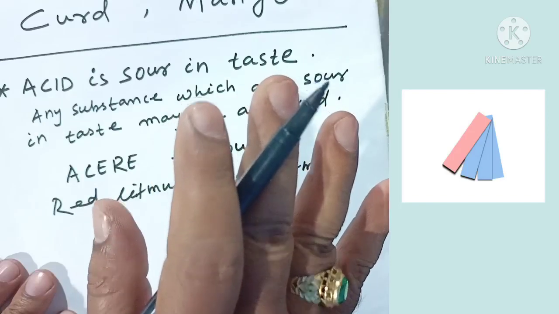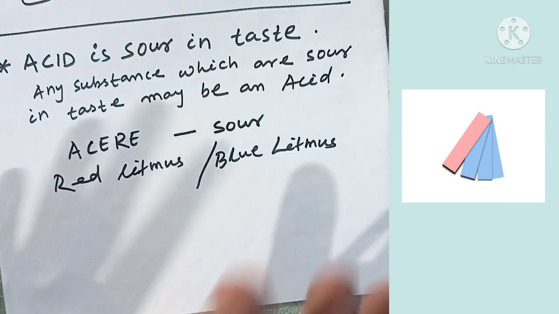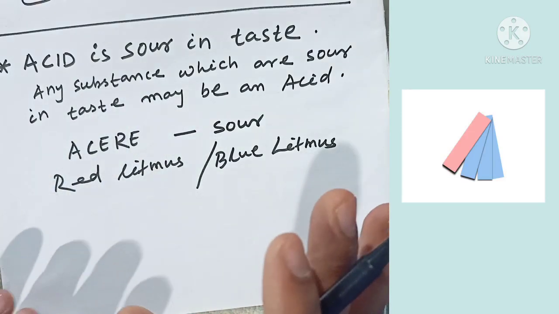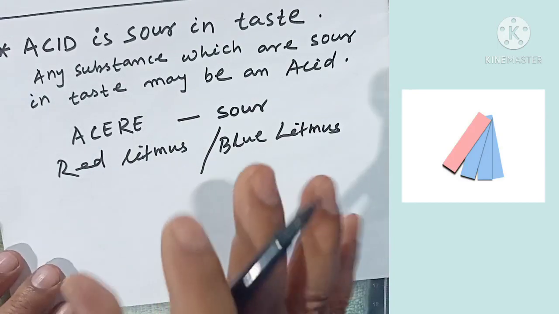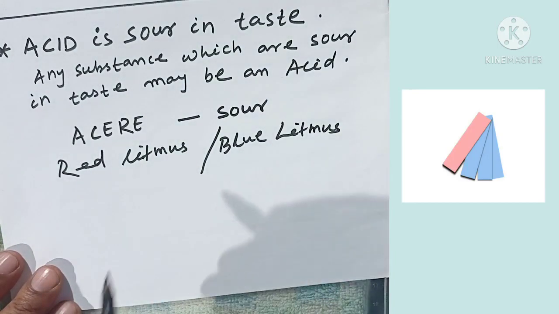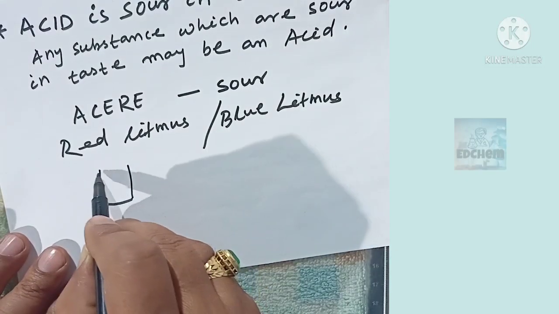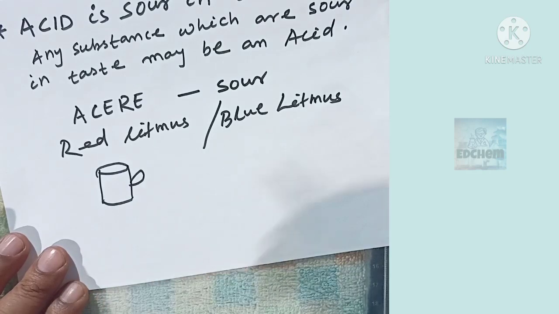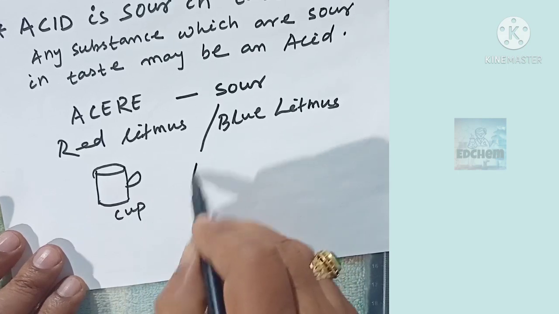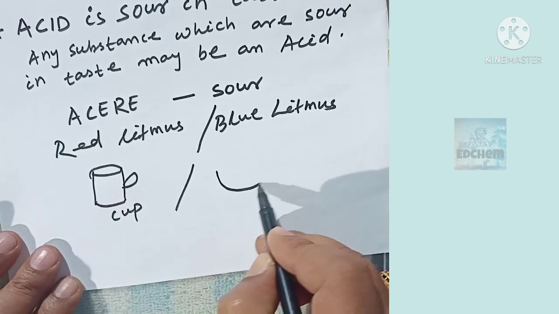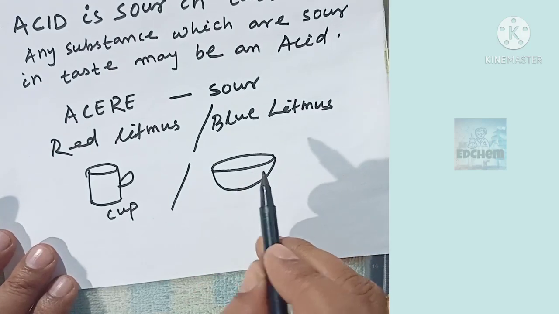How shall we do this test? In order to know which solution is acidic, you can do a very easy activity. Okay, you take a cup, or you may take a tumbler that is available in your home.